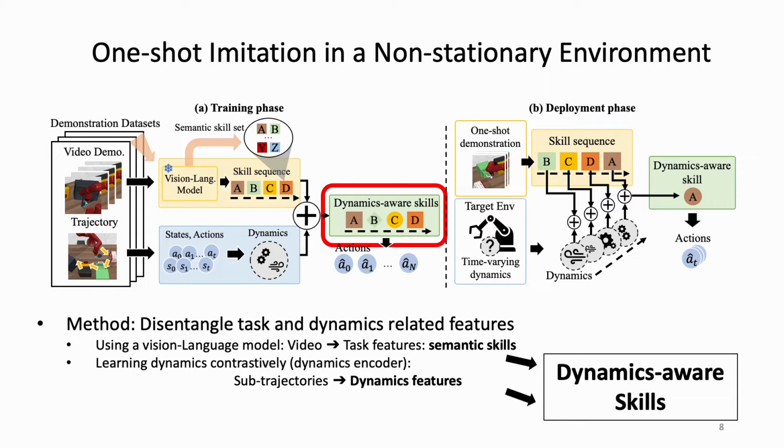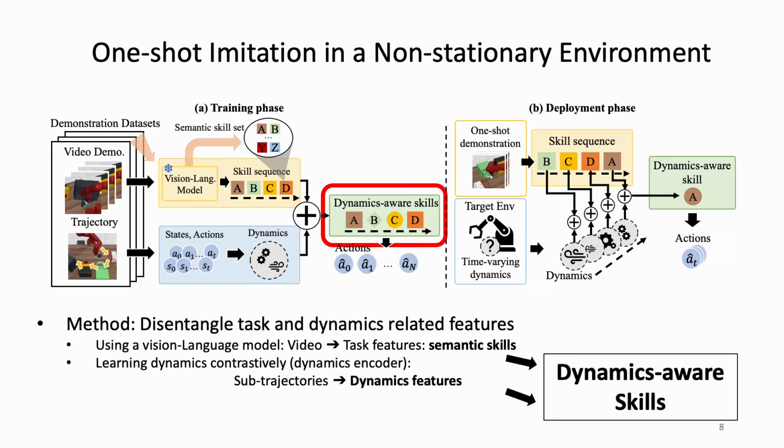The semantic skill extracted by the vision language model and the dynamics feature extracted by the dynamics encoder combine to represent a dynamics-aware skill. By sequentially executing these skills, the agent can imitate complex tasks given in a video within unseen non-stationary environments.